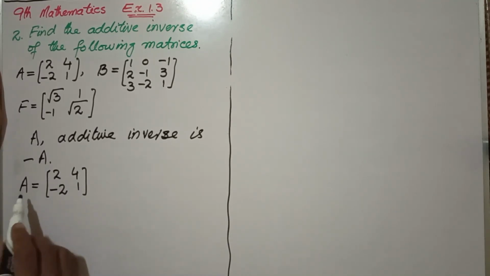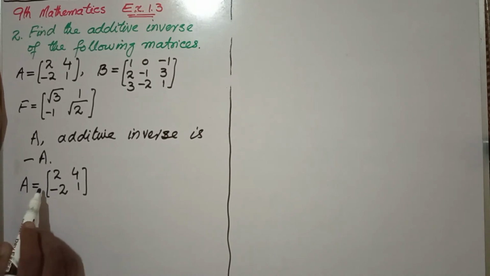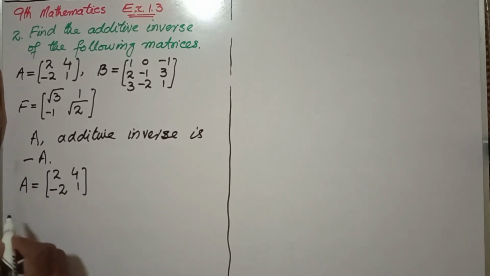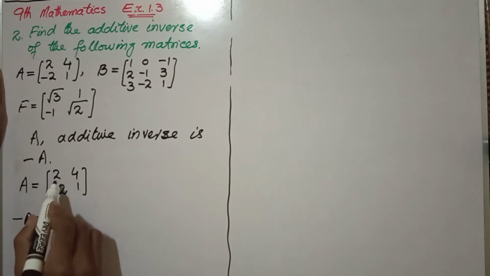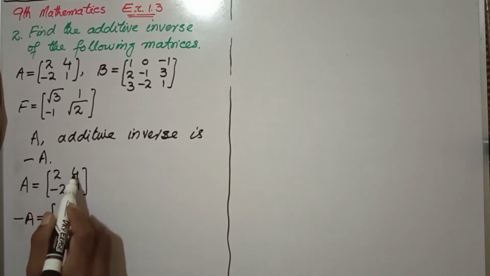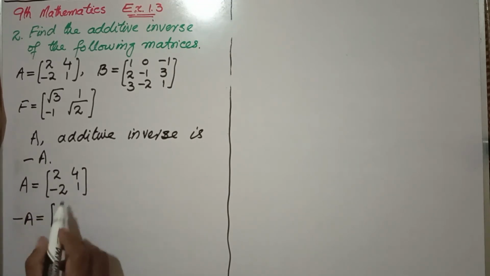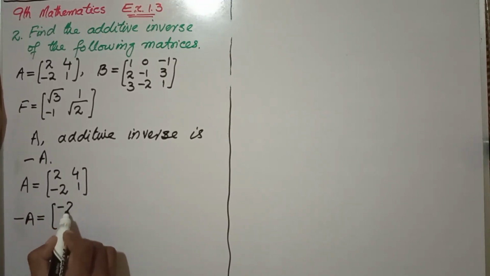Therefore, if we have A equal to 2, 4, minus 2, and 1, then its additive inverse will be the matrix obtained after multiplying the matrix A by negative 1. That is, negative A is equal to every element of the matrix A multiplied by negative 1. So positive 2 becomes negative 2.